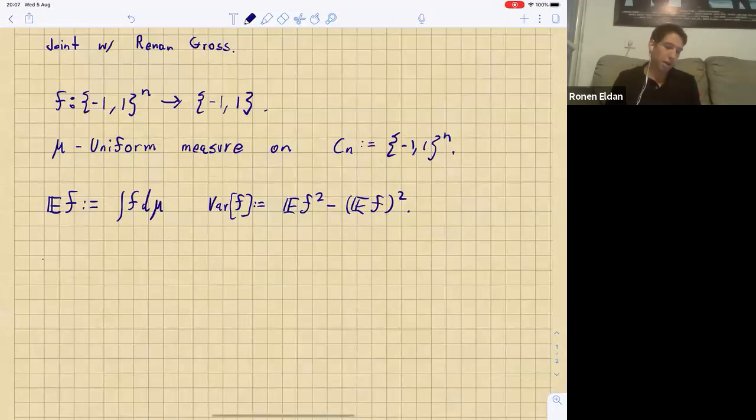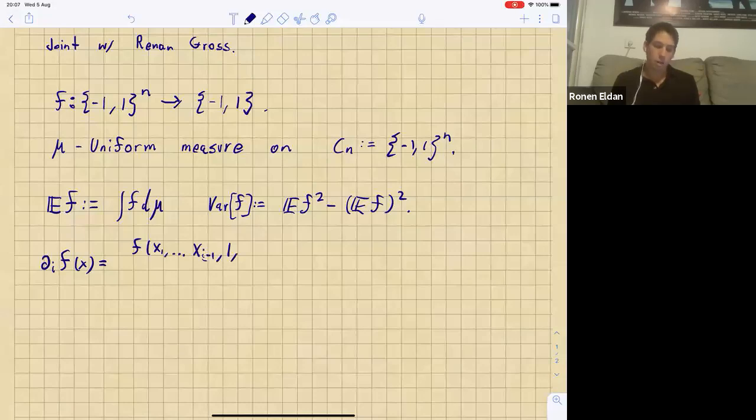So let's define the discrete derivative, the partial derivative of f in direction i at the point x, to be just f of x_1 up to x_{i-1}, and then I force the ith coordinate to be 1, x_{i+1}, etc., minus the same thing where I now force the ith coordinate to be -1.